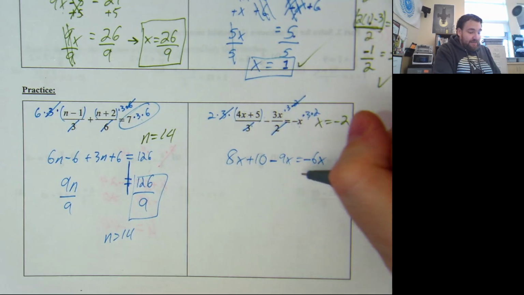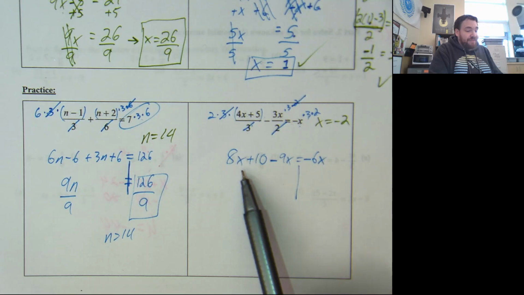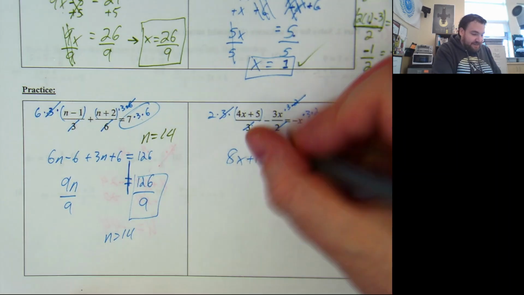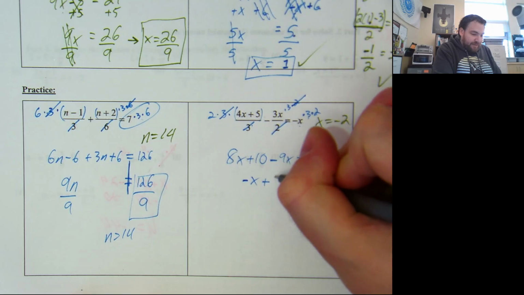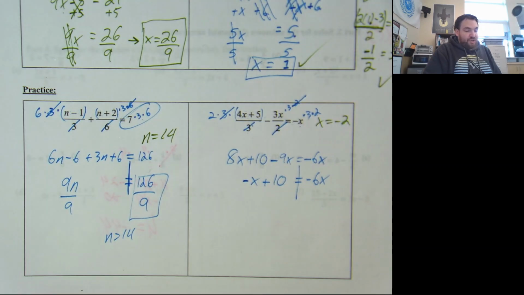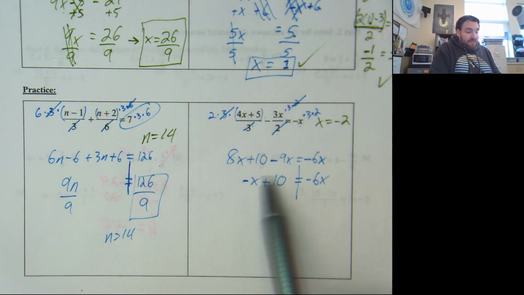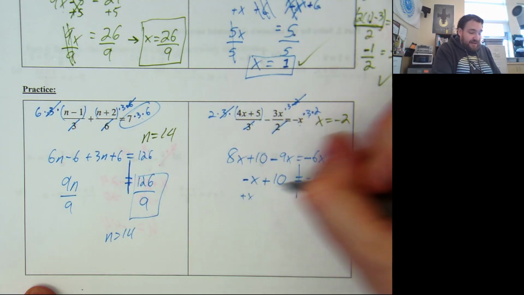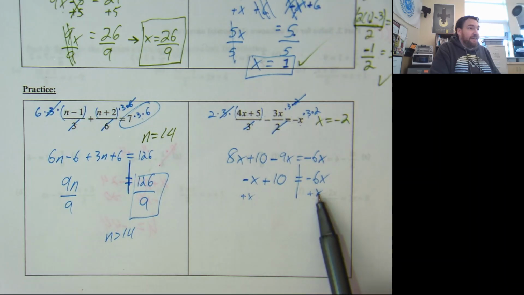Now I'm just going to group my like terms on the left-hand side. 8x minus 9x is negative x. And that plus 10 doesn't have any friends. So this is what we've got. Negative x plus 10 equals negative 6. Because I've got my numbers and variables over here already, I am going to add x to both sides, even though that's going to keep this thing negative.